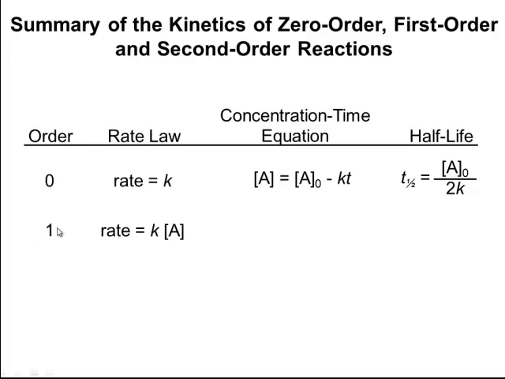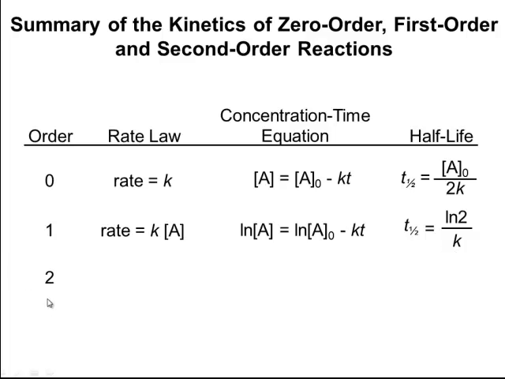Now, if the reaction is a first order reaction, then the rate law expression can be written as R is equal to K into A raised to 1. The integrated rate law equation will be in this form: ln A is equal to ln A0 minus Kt, and the half-life, as I told you all earlier, is independent of the initial concentration of the reactants.